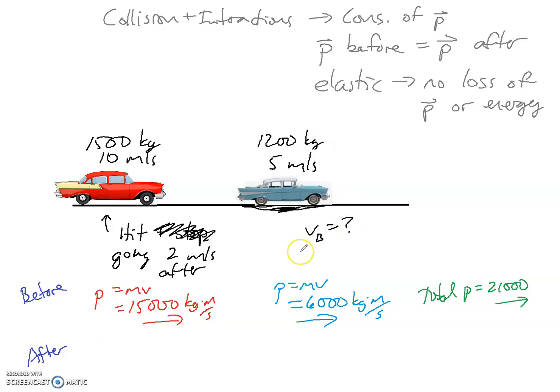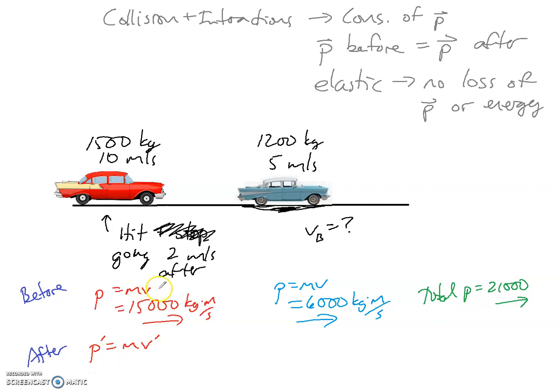I don't know what's happening with the blue car after, but I do know the red car. Afterwards, the red car is still going 2. So I'm going to find its after momentum. It's really common when you have the same object before and after to use prime values. This would be momentum before; prime sort of means momentum afterwards.